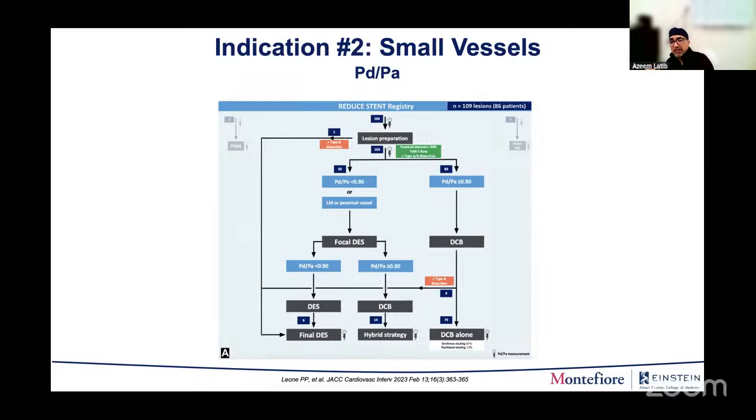And if you're trying to go down a dissected vessel, it's very easy to extend the dissection and make the vessel worse. PDPA requires experience, but I think the safest way is to have the pressure wire down the entire time while you're dilating. Don't put it down at the end. Just my word of advice.